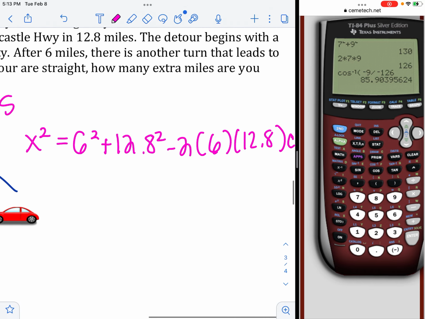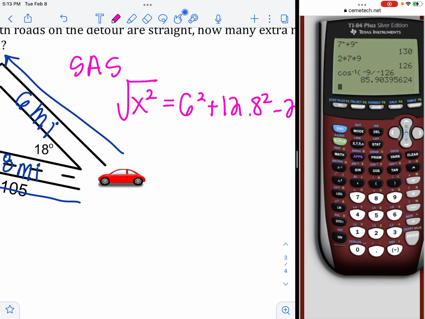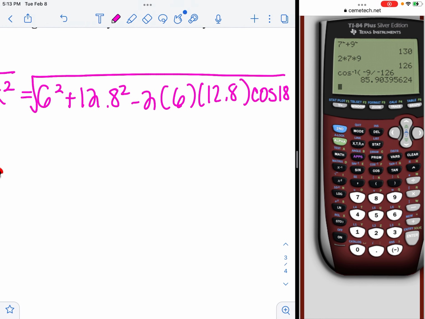Is that going to fit in there? Sure is. All right, I am solving for X. If you look at X, it's almost by itself. I just got to get rid of that square by square rooting. Don't have to worry about plus or minus, remember, because this is a length, which is positive. So I'm going to do square root of 6 squared plus 12.8 squared minus 2 times 6 times 12.8 times cosine 18.